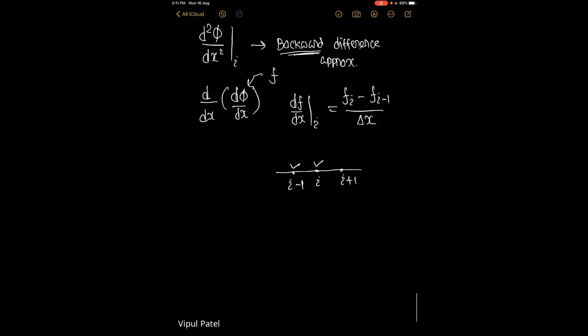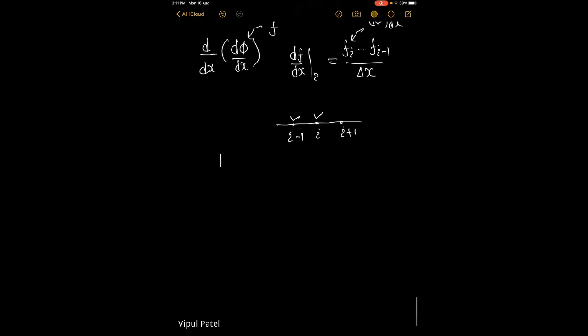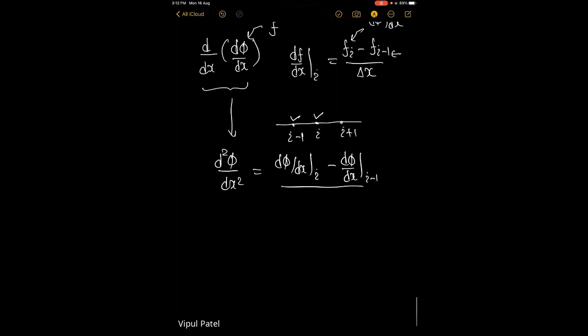But we also know that f is nothing but d phi by dx, correct? So I can rewrite this expression as d square phi by dx square, which is nothing but this particular term. Okay, that is equal to d phi by dx at I minus d phi by dx at this particular point, that is I minus 1, and the whole divided by delta x.